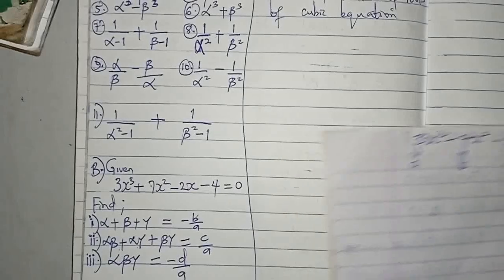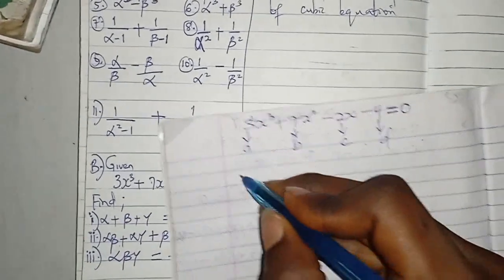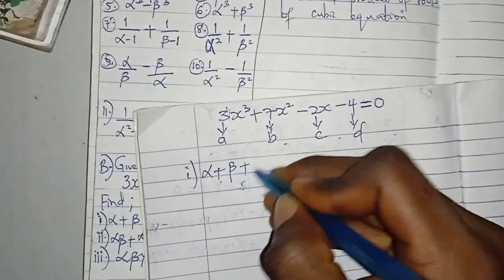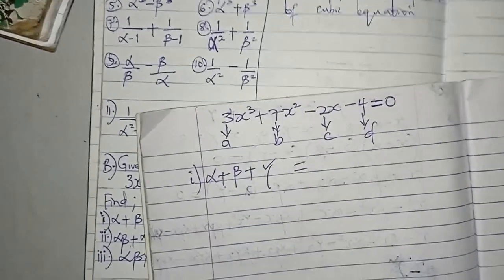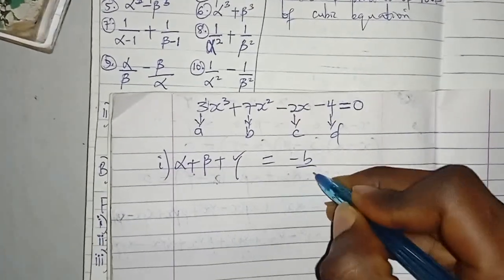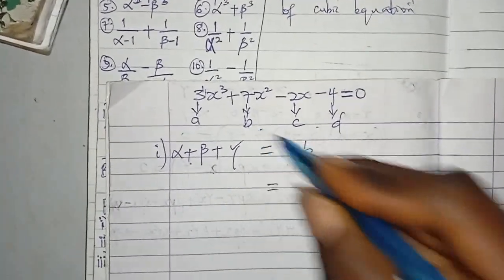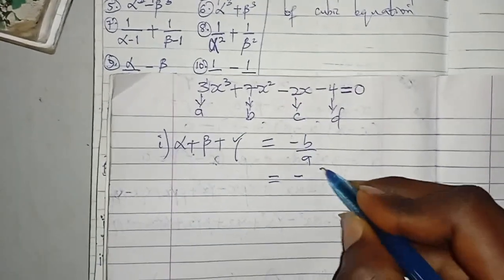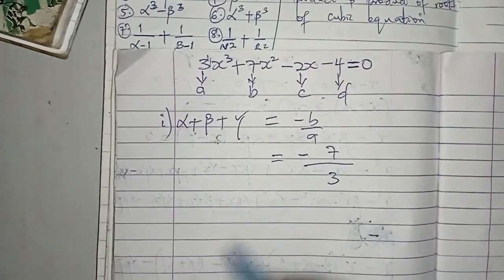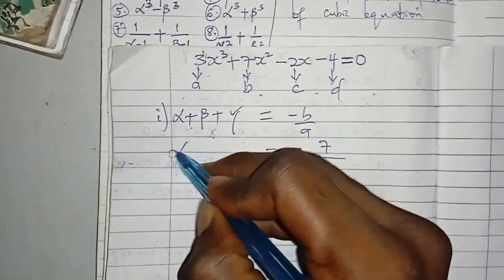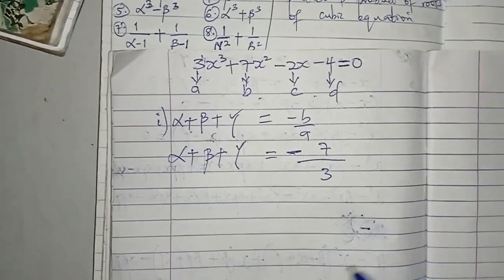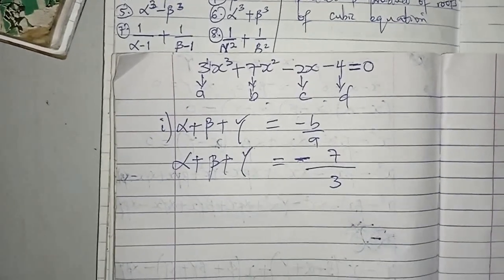So for part I, alpha plus beta plus gamma is equal to minus b over a, which is 7. So it's minus 7 over 3. Very simple. I always advise my students, always leave your answer in fraction. It's better to leave your answer in fraction than decimal points. So I have minus 7 over 3.